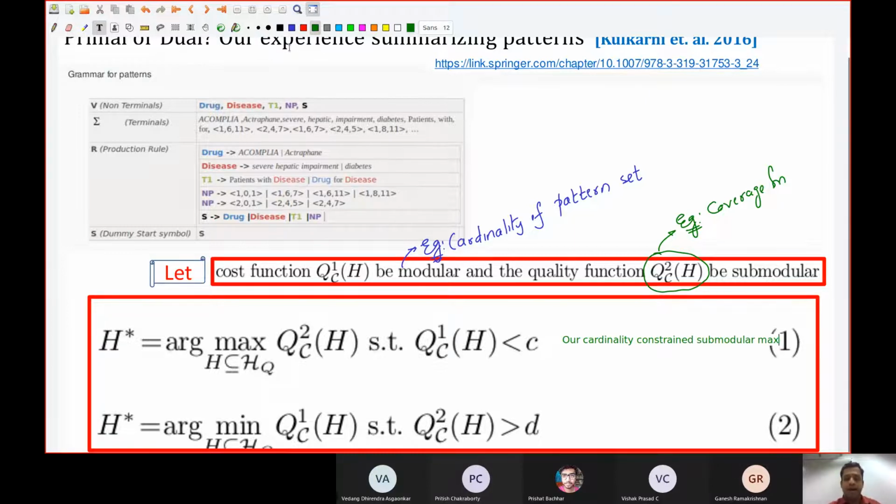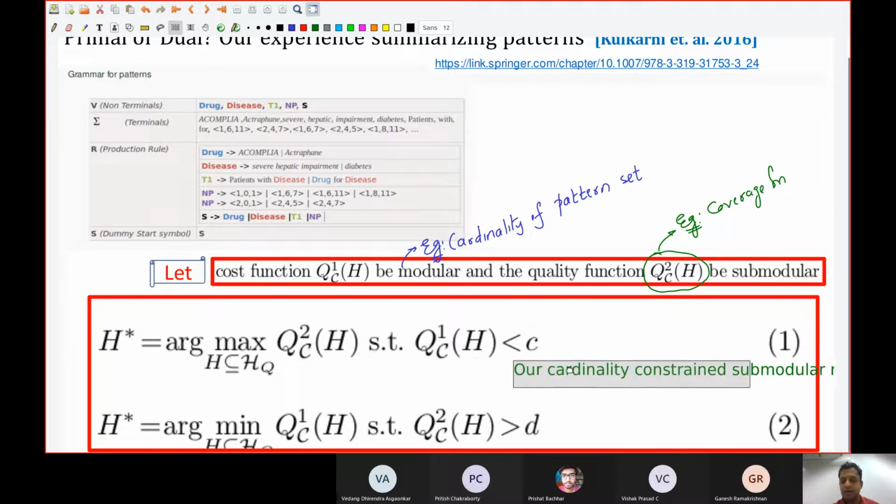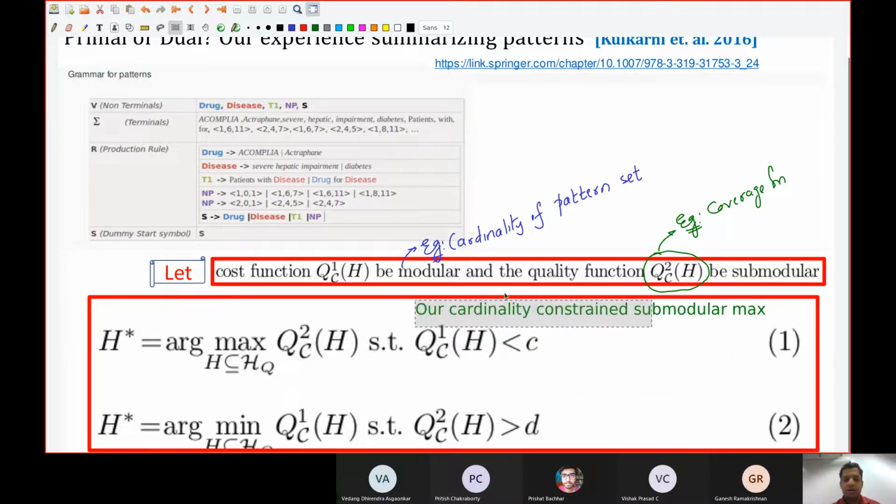And the second problem we have, so here we are trying to maximize something, maximizing the coverage. The second problem we have is in terms of QC1, which is a dual submodular cover problem.